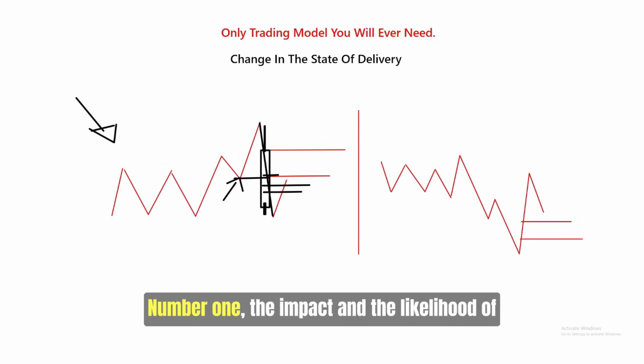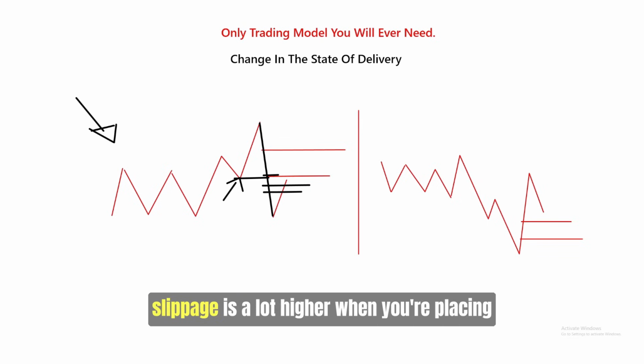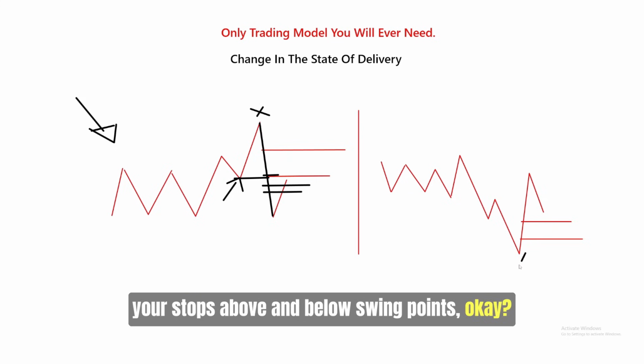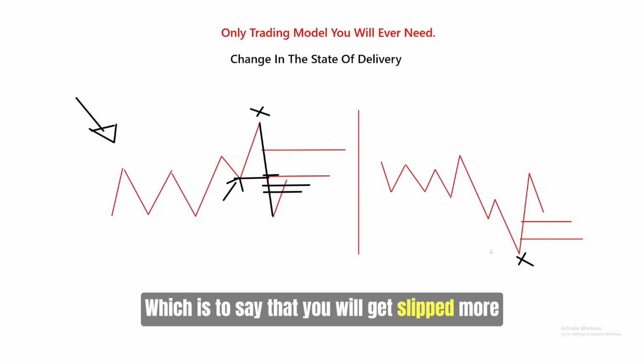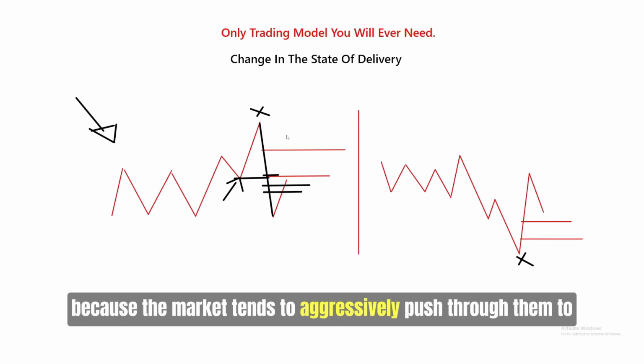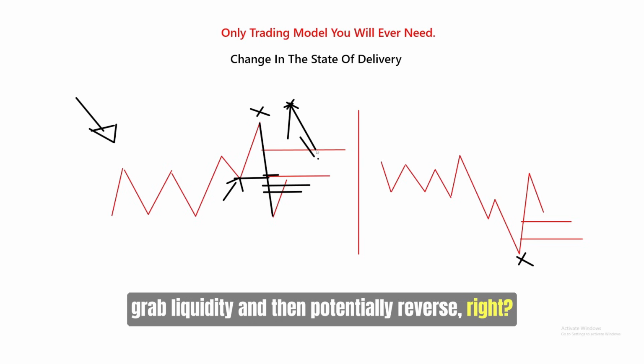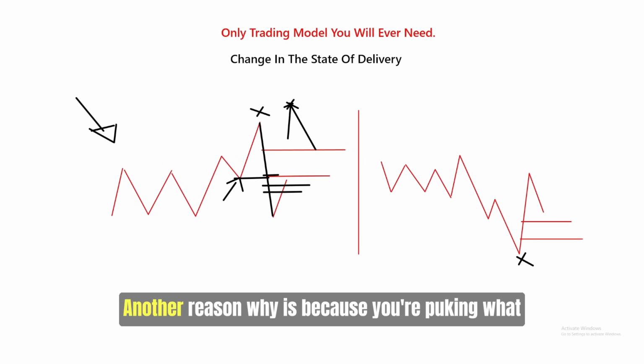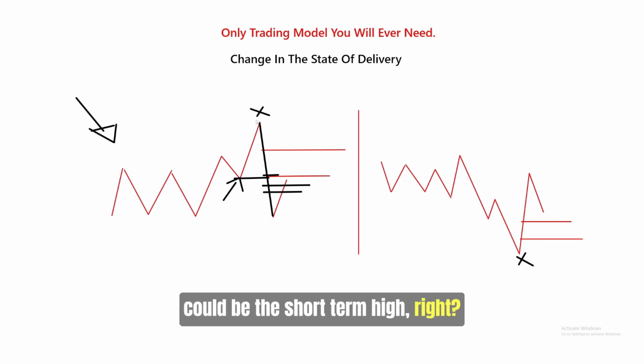You're only looking to place them above and below thrust, and there's several reasons to do so. Number one, the impact and the likelihood of slippage is a lot higher when you're placing your stops above and below swing points, okay? Which is to say that you will get slipped more often than not if your stop loss is above swings, because the market tends to aggressively push through them to grab liquidity and then potentially reverse, right? Another reason why is because you're puking what could be the short-term high, right?